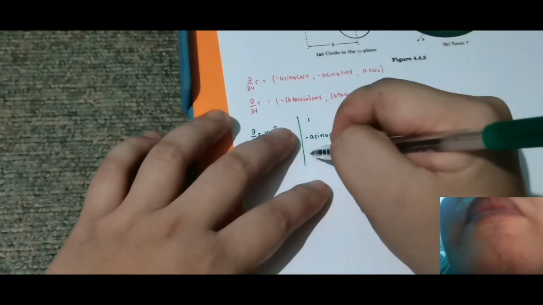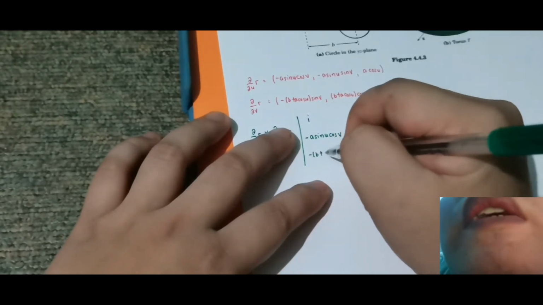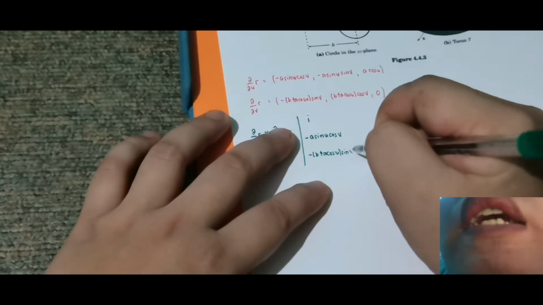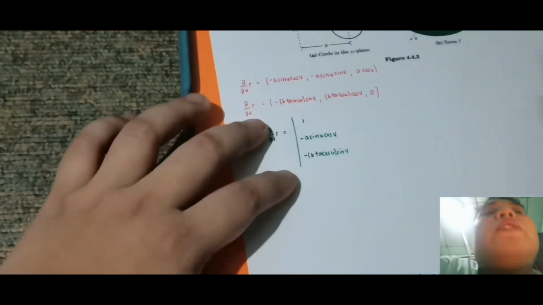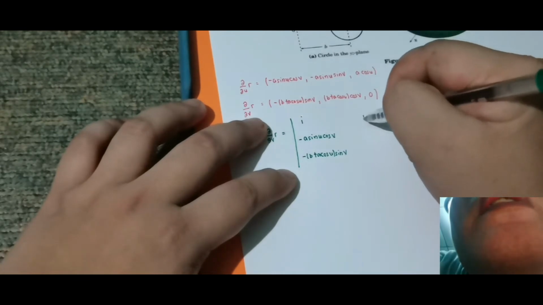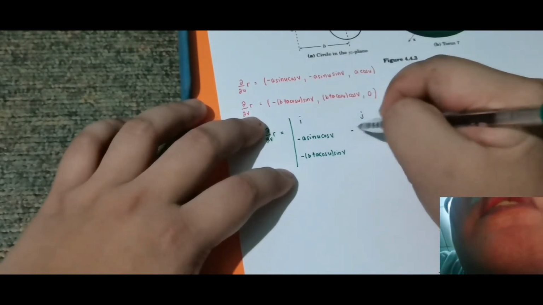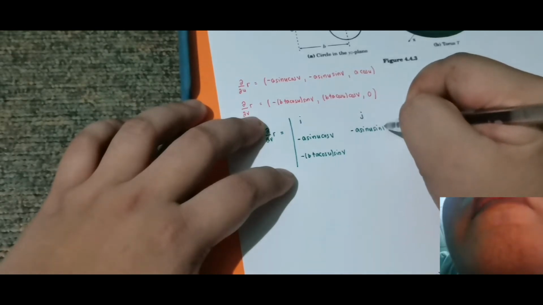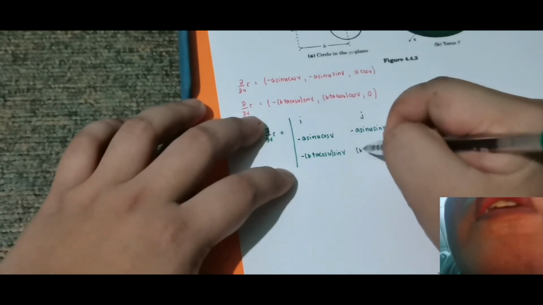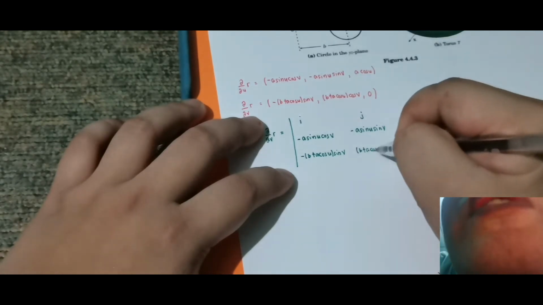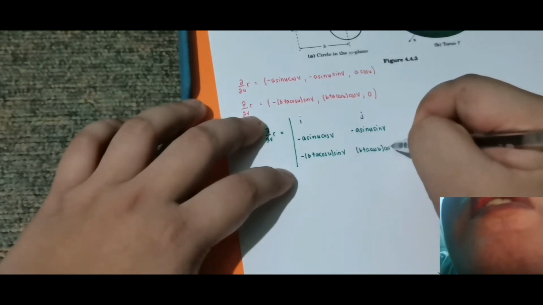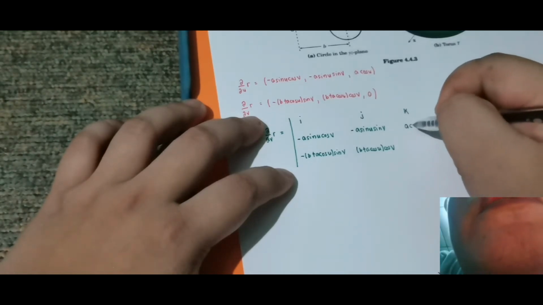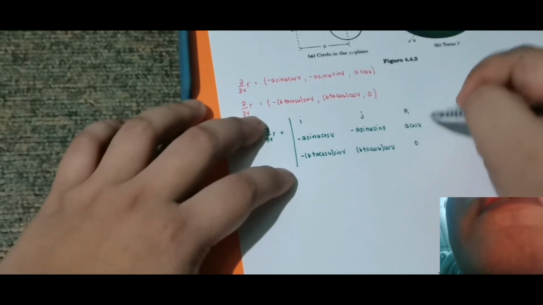Sa ilalim naman negative of b plus a cosine u sine b. Then sunod is yung j. Negative a sine u sine b, and b plus a cosine u cosine b. And lastly, yung k. This is a cosine u and this is 0.